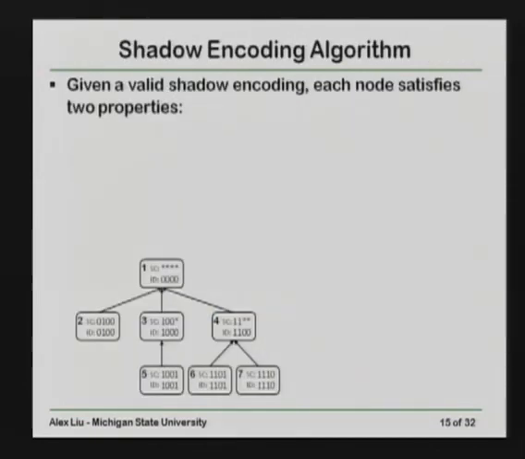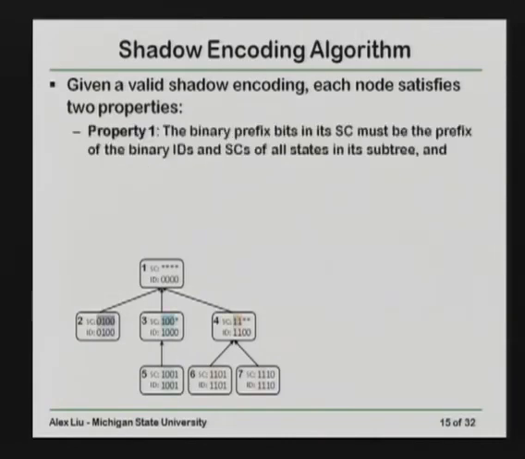So given a valid shadow encoding, every node satisfies two properties. One is that the binary prefix space in its shadow code must be the prefix of all the binary IDs and shadow codes of all the states in its subtree.